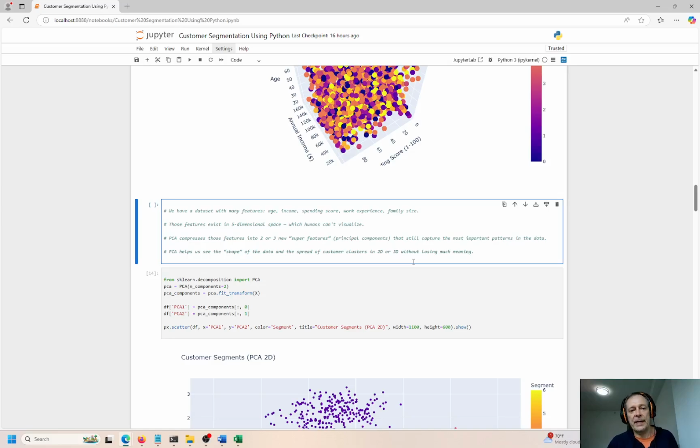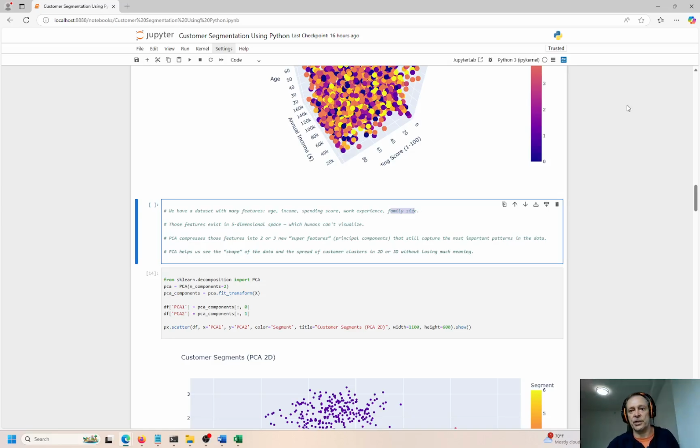Okay. So we have a data set with age, income, spending score, and so on and so forth. These features exist in 5-dimensional space. So here's 5: 1, 2, 3, 4, and 5. But can we represent 5-dimensional space in a 2 or 3-dimensional space? We cannot, right?